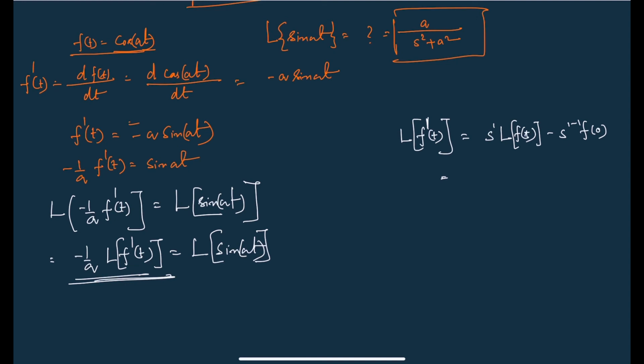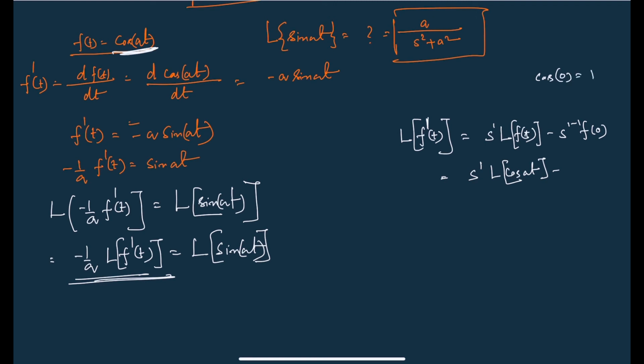So s to the power 1 into the Laplace transformation of cos a t, minus s to the power 0, which means 1, into f of 0. What is f? f is nothing but cos a t. Instead of t you put 0, so cos of 0 will be 1.